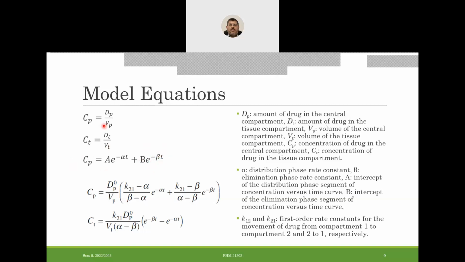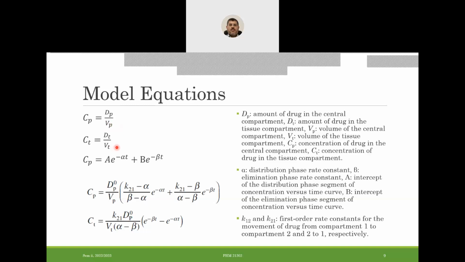And if you want to calculate the drug concentration in any compartment, either in the central, Cp, or in the tissue, Ct, you have to divide the drug amount in this compartment, Dp or Dt, by the volume of this compartment. So here Vp is the volume of the central compartment, Vt is the volume of the tissue compartment.